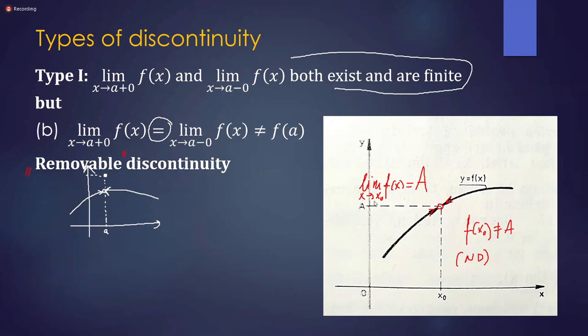We can sort of take the point and plug the hole. Even if the point is defined somewhere else, we can redefine it. We can simply state, let the function value be that.